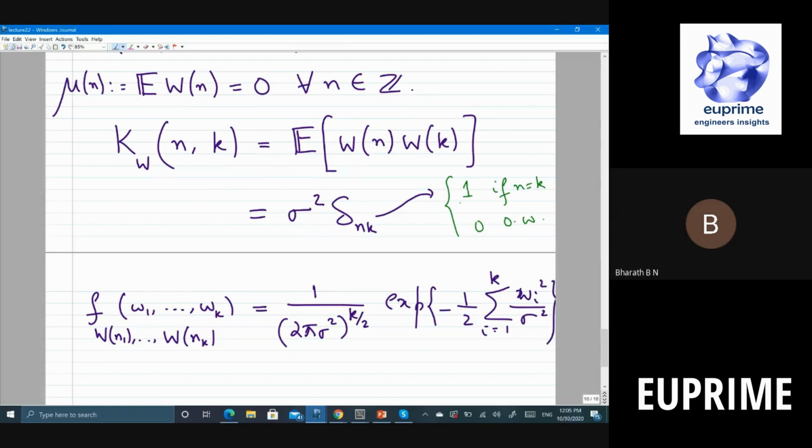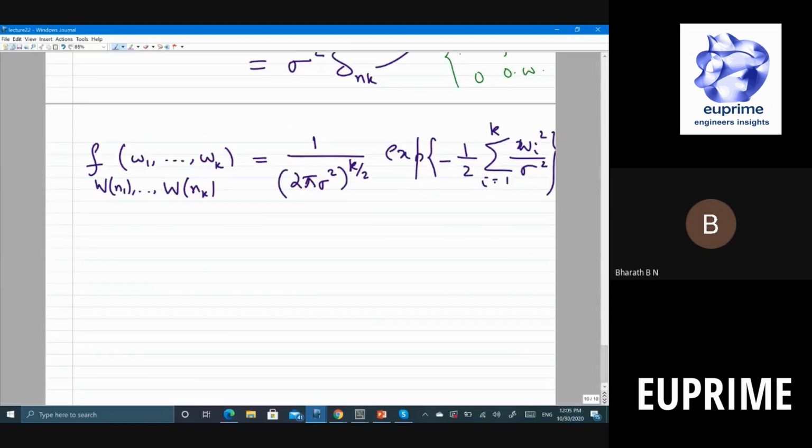Okay, so this is how you describe the joint density regardless of what k is and what n1 through nk are. Regardless of that, this is the distribution. So you know pretty much everything about this stochastic process.